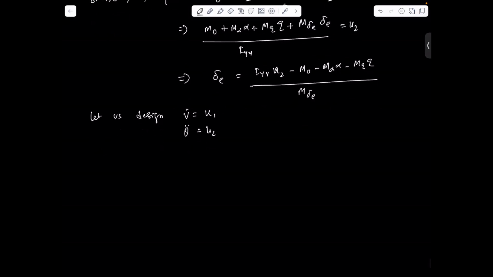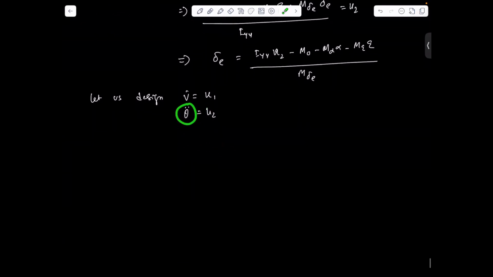So now we need to design the control for this system. This is basically a linear system, and we are going to design linear controls for V and linear control U2 for theta, right?